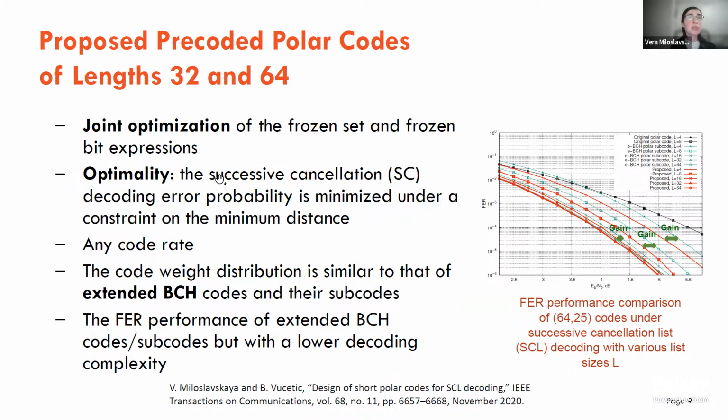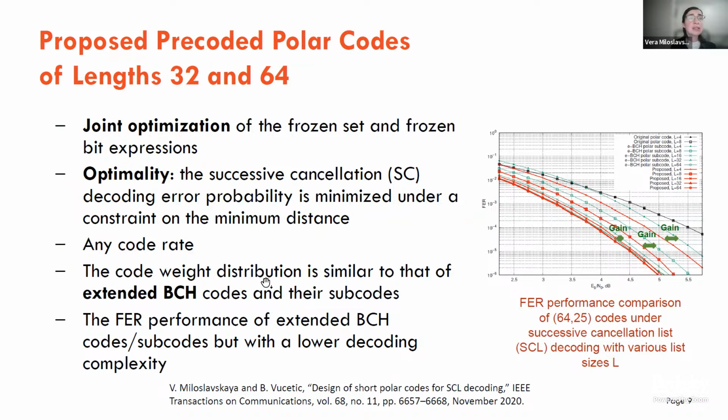This joint optimization is organized in such a way that we find the code with the lowest possible successive cancellation decoding error probability under the constraint that the minimum distance is large enough. Typically, large enough means that we take the minimum distance from extended BCH codes. In this way, we balance successive cancellation and maximum likelihood decoding error probability.